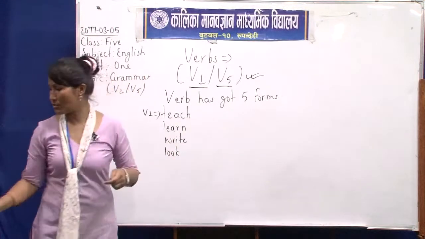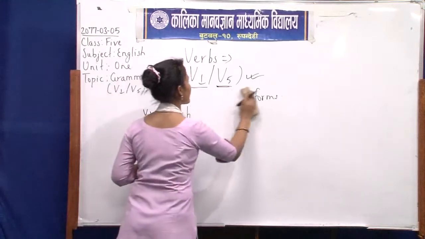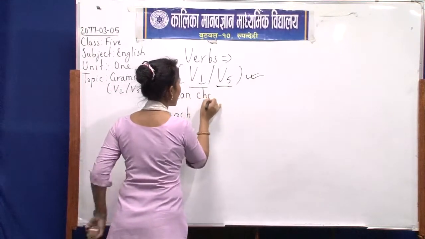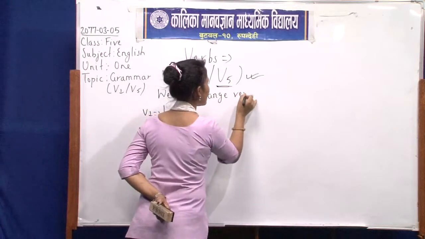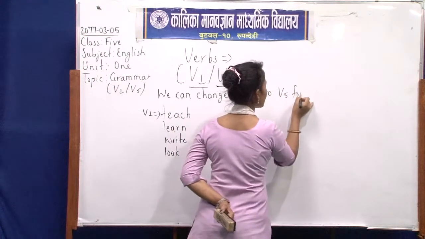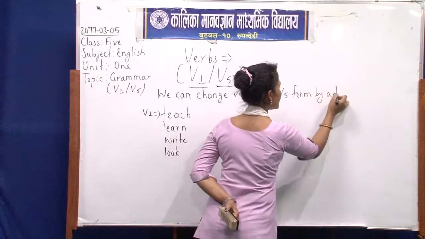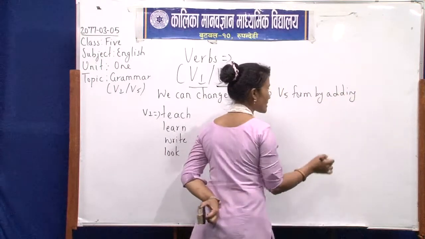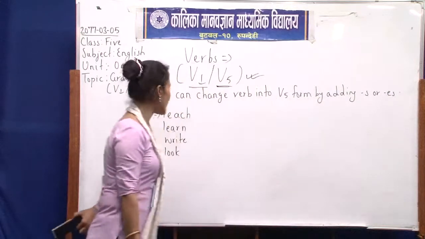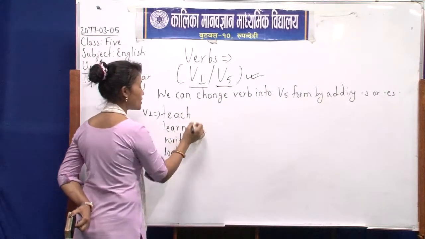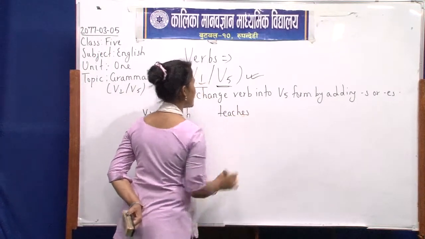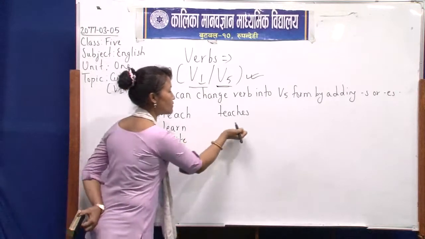Here I will write on the board how we are going to change. We can change a verb into verb 5 form by adding s or es. Now see here, teach. What will be its verb 5 form? Teaches. If you see carefully, what have we added?